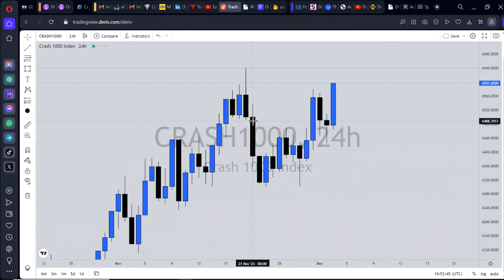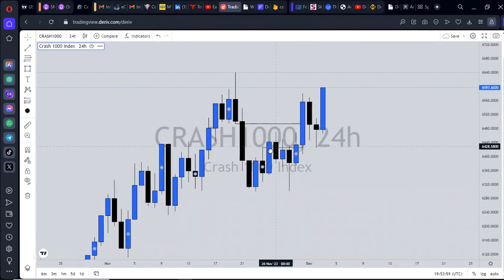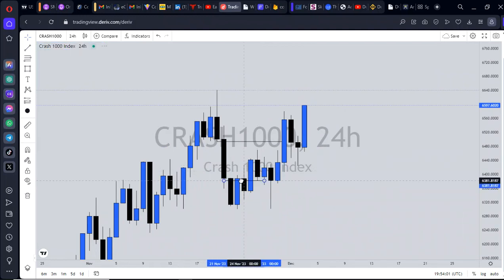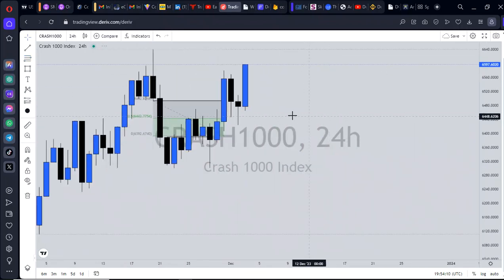So that is what I noticed right here, that we traded backwards. The algorithm traded backwards, and when it traded backwards, it went to fill inefficiency. All right, so we have the sell side imbalance right here that it traded backwards into to fill up. Now, when it filled our fair value, our sell side inefficiency, it tried to trade lower, but then it did not break structure, right?